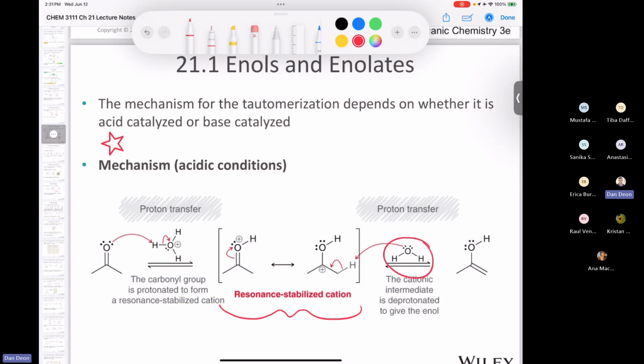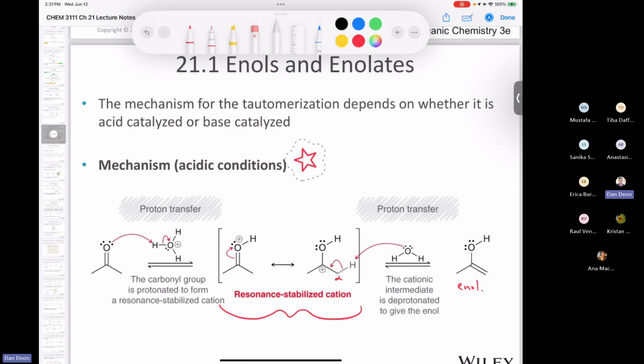So water, even though it isn't a strong base, is going to behave as a base in this case, and it's going to remove this alpha proton and restore neutrality. And there you go. Here's your enol form. Again, this is a very important mechanism for you to know: the acid catalyzed tautomerization of a ketone or an aldehyde to an enol.